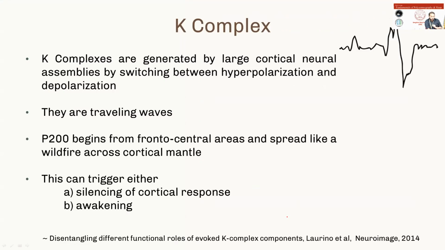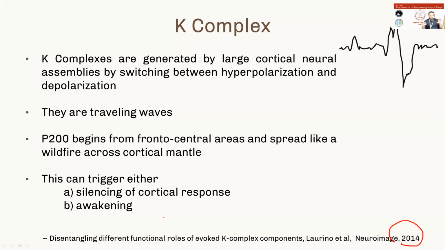We can study a lot because when it was conceptualized initially, people wondered why K-complexes sometimes lead to arousal and sometimes lead to a better sleep stage. Interestingly, Alfred Loomis, in his standard and wonderful paper, talks about the double role played by the K-complex. On one hand, it acts as a sleep guardian, a protector of sleep.